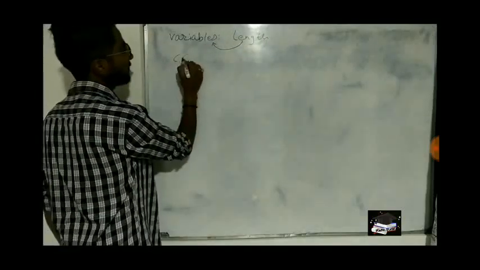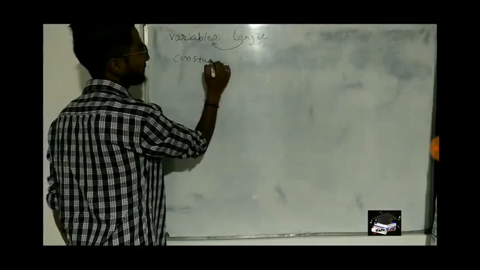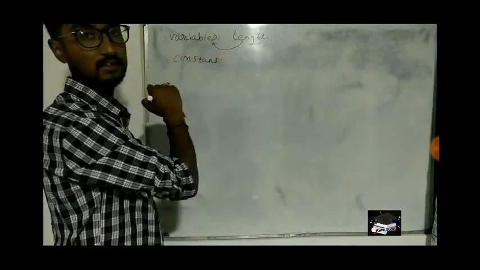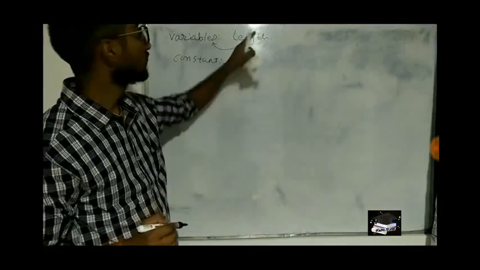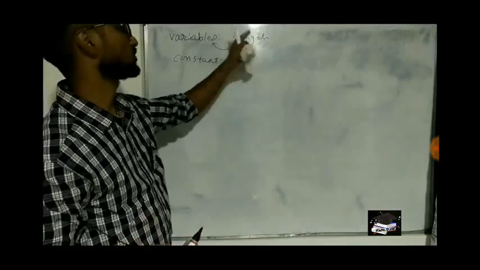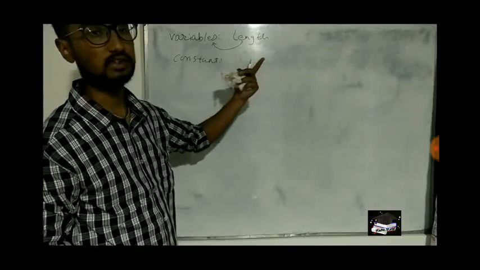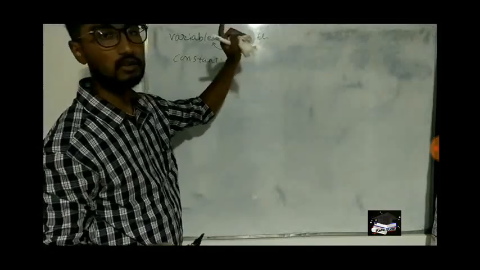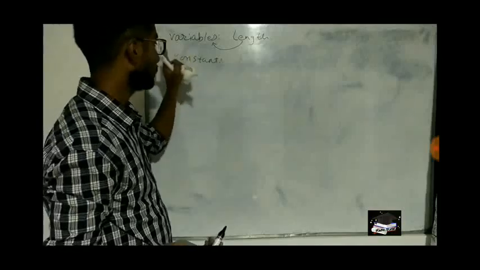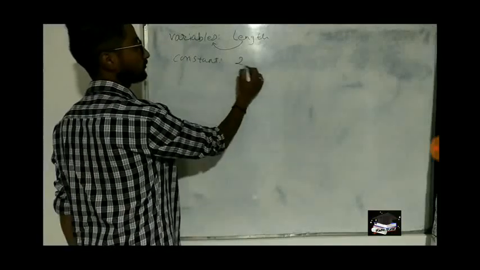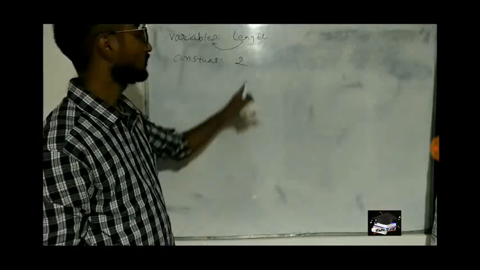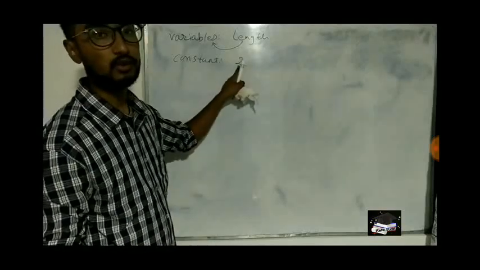Another is constant, which does not change. Length can have any value. It can be 2 cm, 2 meter, 3, 4, 5, 6 kilometer. But constant means those physical quantities which do not change. For example, number 2. Number 2 is a fixed quantity, isn't it?